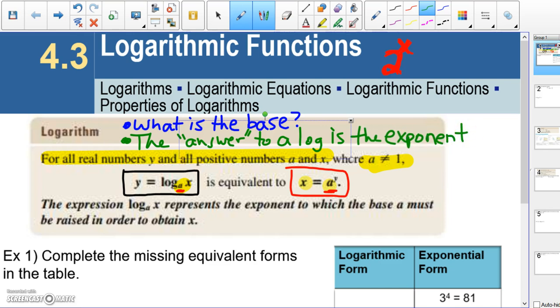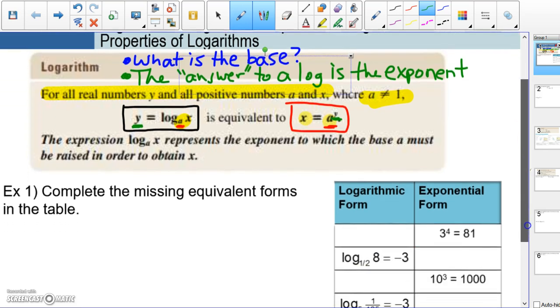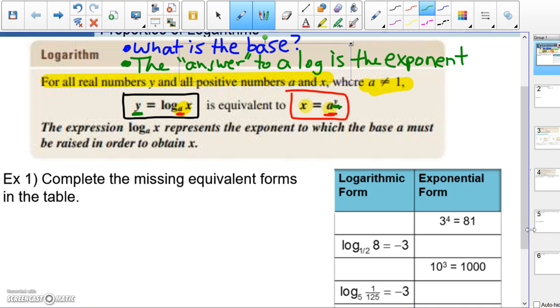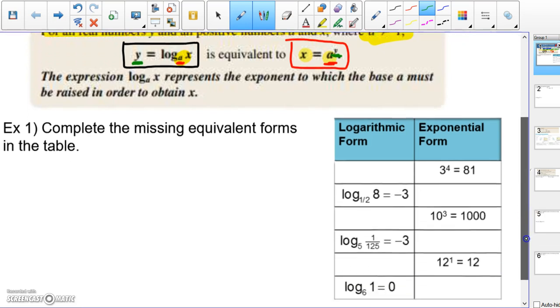Now I put answer in quotes because that's not technically what I mean, but what a log equals. Whatever the log equals is going to be the exponent. So in this box here, the log is equal to that y, and if you notice over here, that exponent is the y. So the answer to the log is an exponent. You remember those two things, and you'll be able to convert pretty easily.